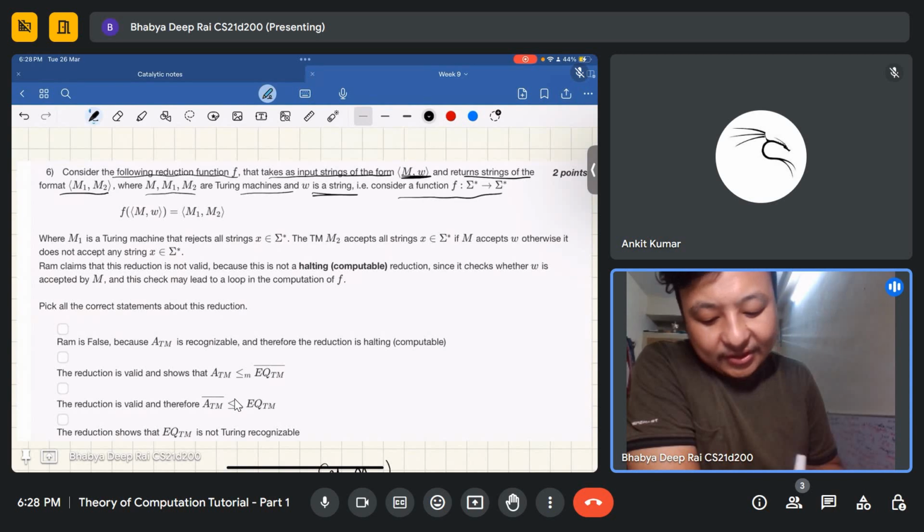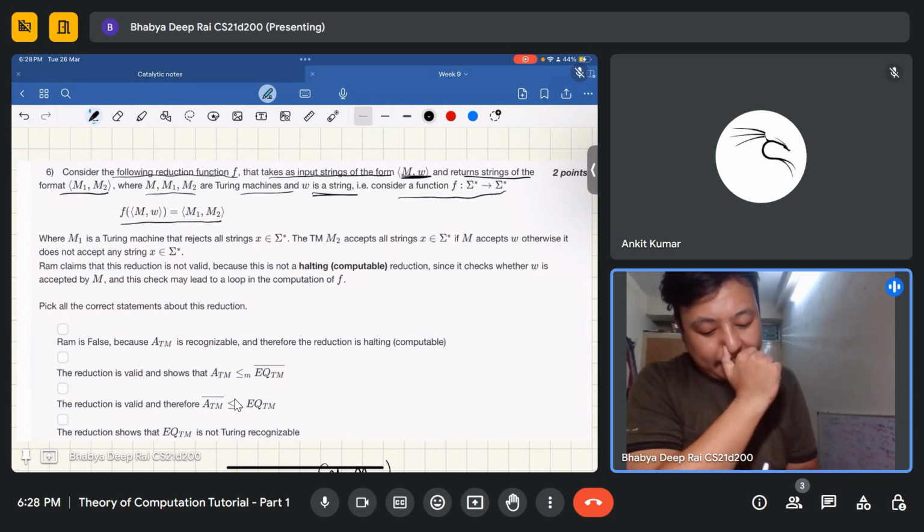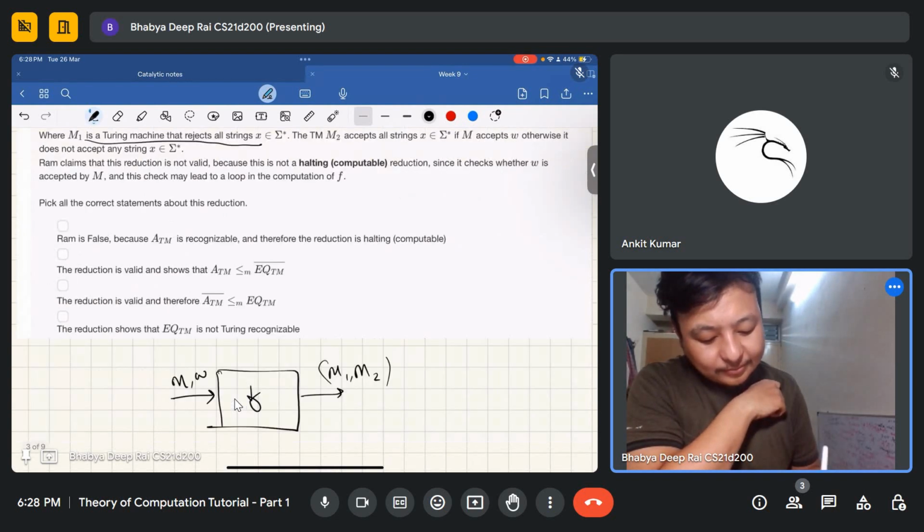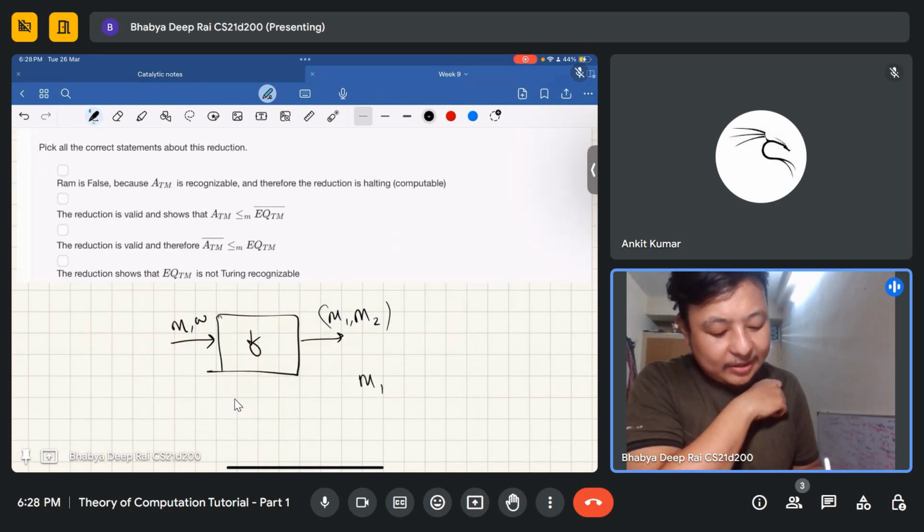Here m1 is a Turing machine that rejects all strings.